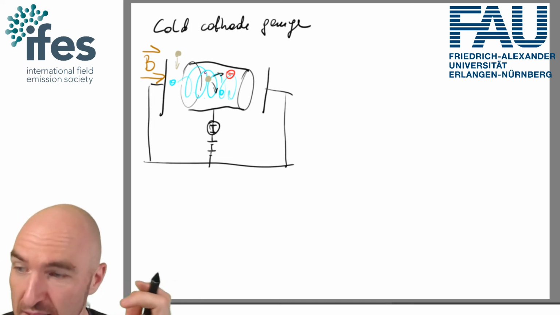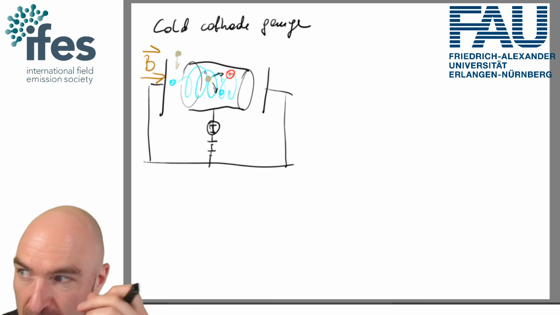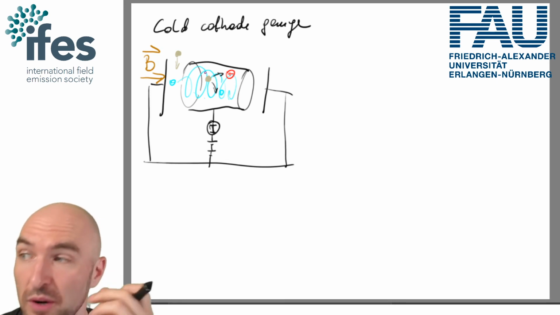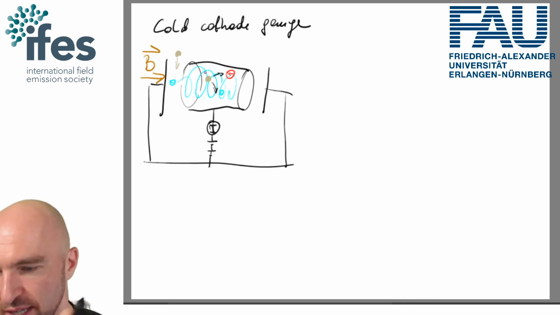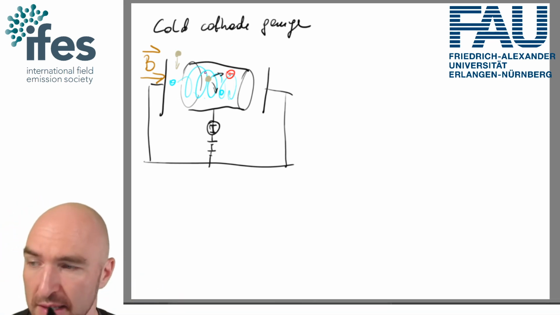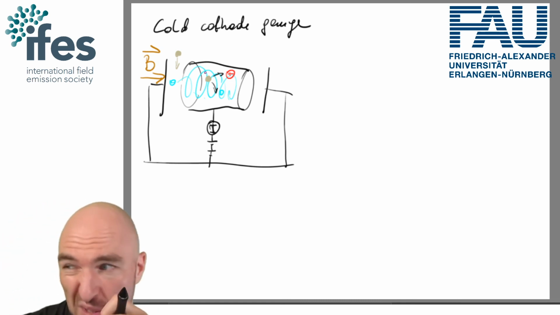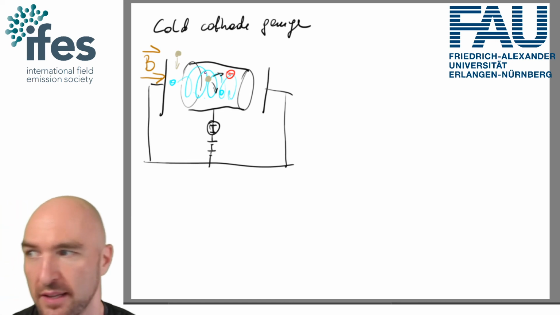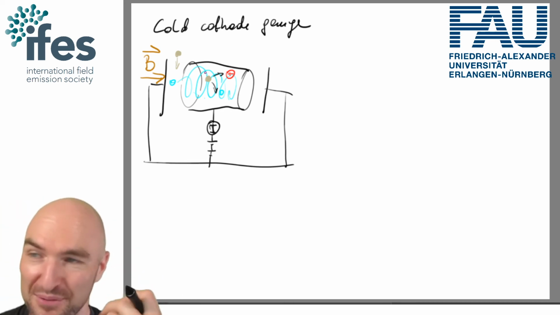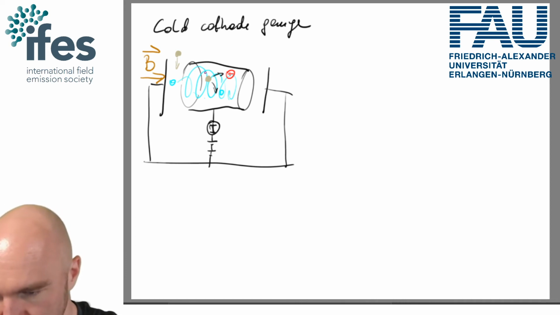So as a result, you need to have a certain amount of gas in there for it to ignite. And this is why the lower the pressure is, the longer it will take for a cold cathode gauge to ignite. If you switch it on at 10 to the minus 5 millibar, it will be here immediately. If you switch it on at 10 to the minus 10 millibar, it might take 15 minutes until it's collected enough dirt, enough gas for it to be effective.